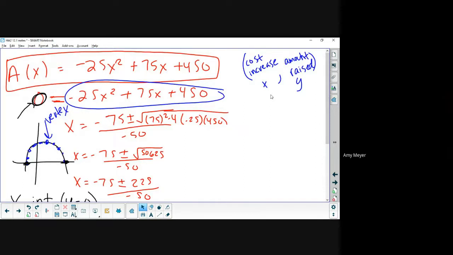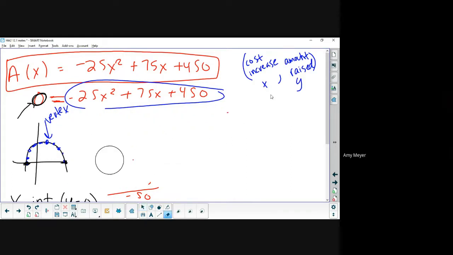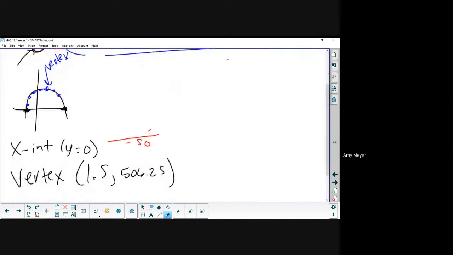But there's something very important on page 195, above number 10. It says, the point that represents the maximum value is the vertex of the parabola. The x coordinate of the vertex of the standard form equation can be found using the formula x equals negative b over 2a.